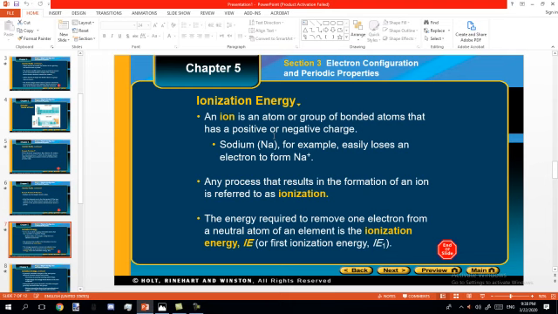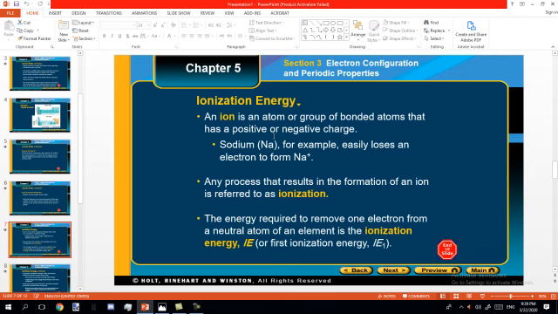So imagine that you have sodium and chlorine, and imagine which of them will lose the electron easily. Of course, someone will say that sodium will lose the electron easily. That's right, but why? Because sodium is a metal and chlorine is a non-metal, and we all know that all the metals tend to lose electrons during a chemical reaction, while the non-metals tend to gain electrons.